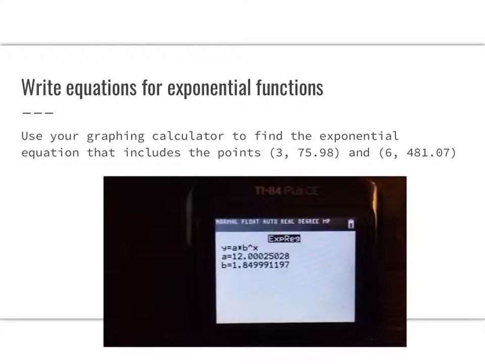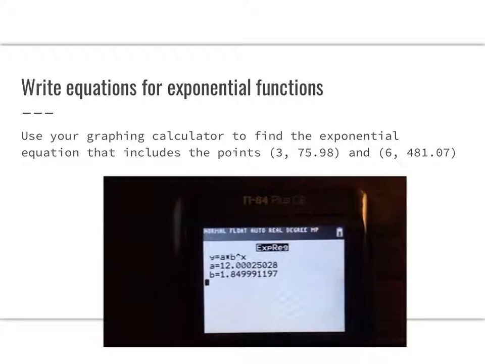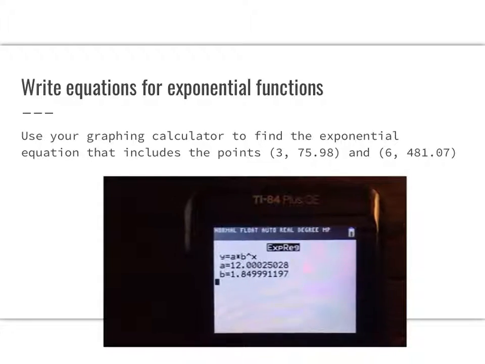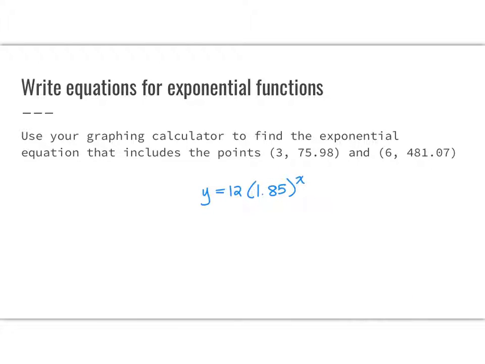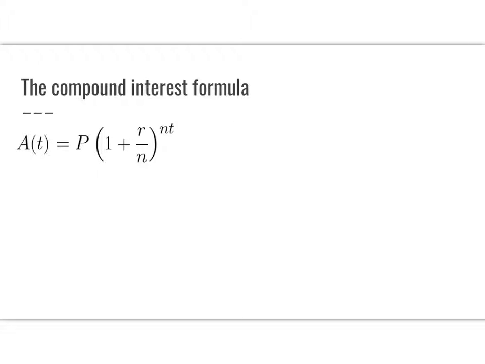You get your equation that way. So you can see it's going to be 12 times 1.85 to the x. So the idea of regressions is still very much there, and you can do regressions for all different types of functions to include exponentials.